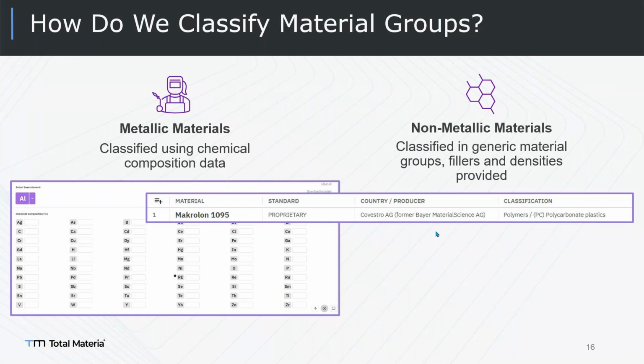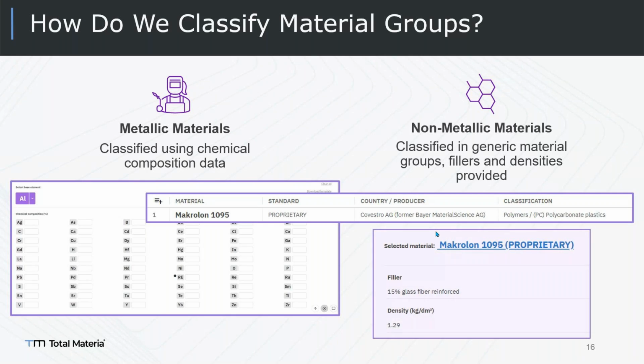So Macrolon 1095 is a polycarbonate, but we also use fillers, densities, UV stabilizers. So any added information we could find from the producer data sheet to add in additional information. So then you could actually predict the material properties using these additives rather than just predicting information for polycarbonates.